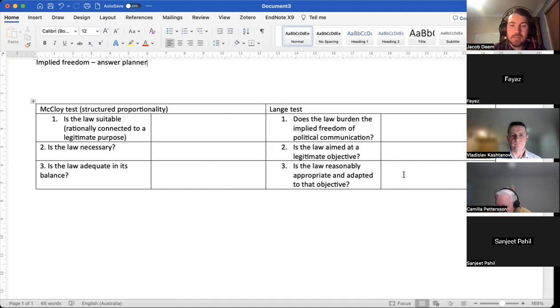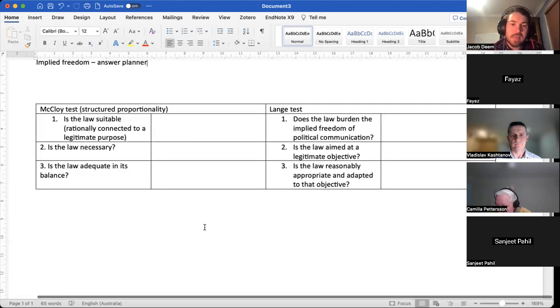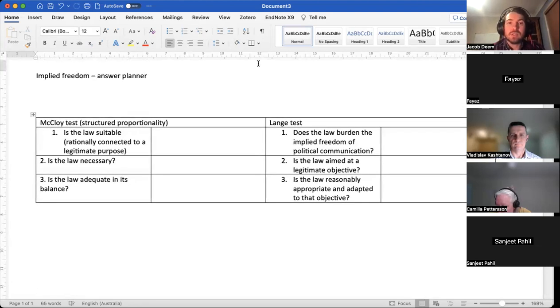You can make an easy comparison, and you can use that to inform an answer that you're writing. So we'll use this as a basis for framing our discussion this evening in relation to the tutorial question.